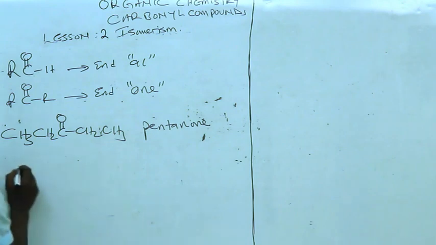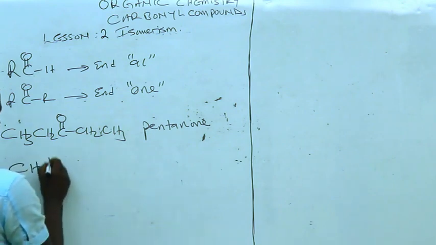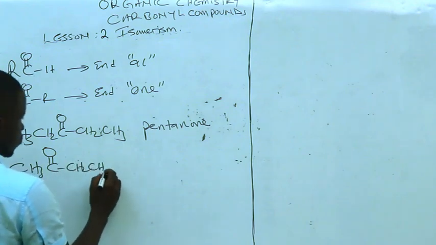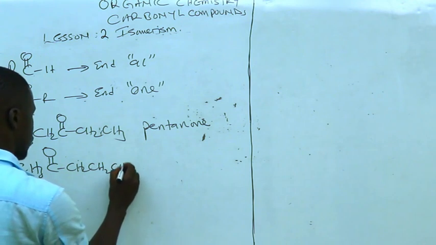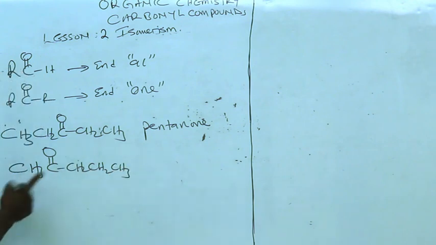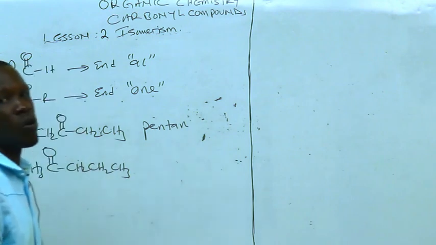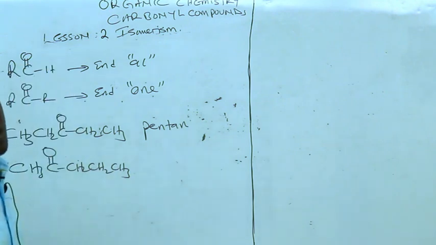If we shifted the carbonyl functional group to position 2, this compound has 5 carbon atoms like the other compound, but the position of the functional group is different. So these compounds have to be distinguished so that they are not both called pentanone.